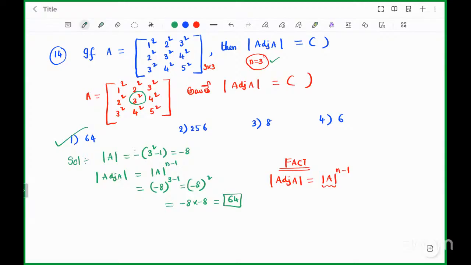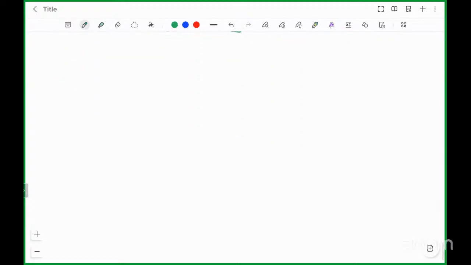Right. So let us move to yet another question. Now, the 15th question. If A is not equal to I and A square is equal to I, then the determinant of I plus A is equal to.